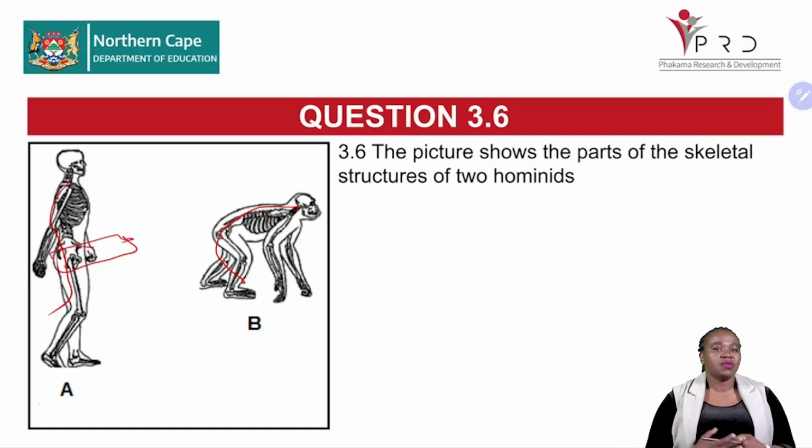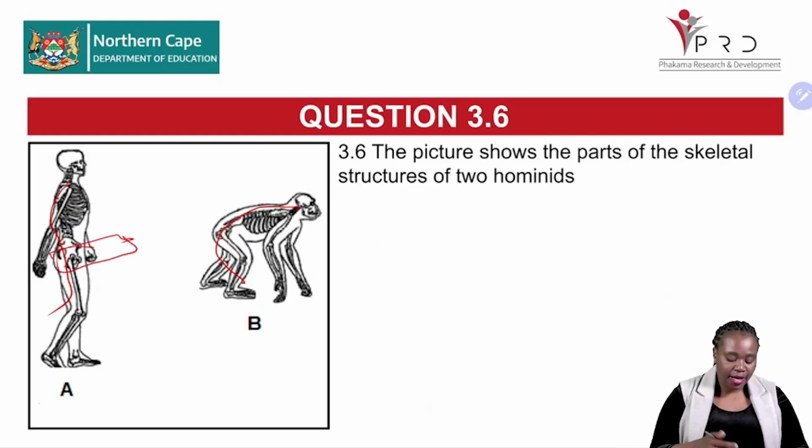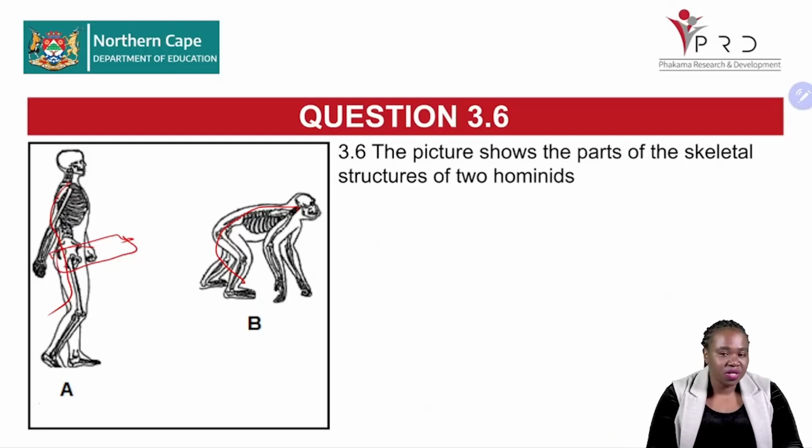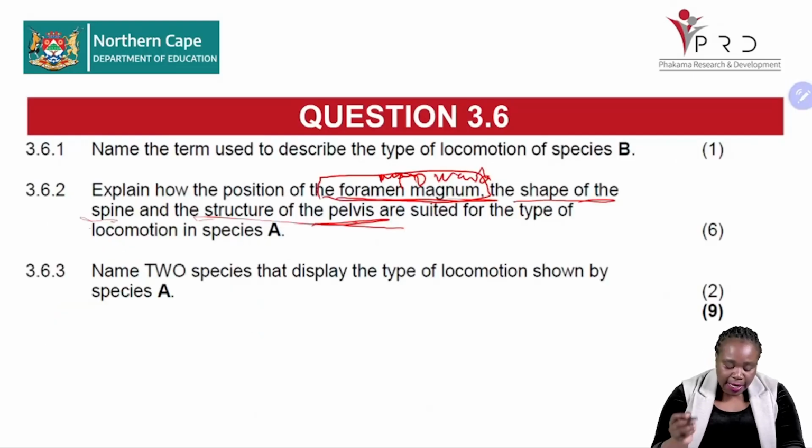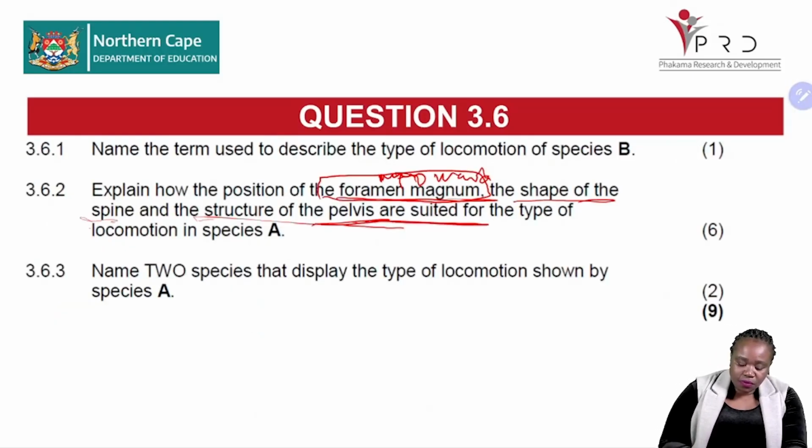So now that allows for better locomotion, or that allows for better bipedalism because of the shape of the pelvic girdle. So if the pelvic girdle is short and wide, it means that it is able to accommodate the whole weight of the upper body, unlike with what we are seeing at B, whereby we are looking at quadrupedalism.